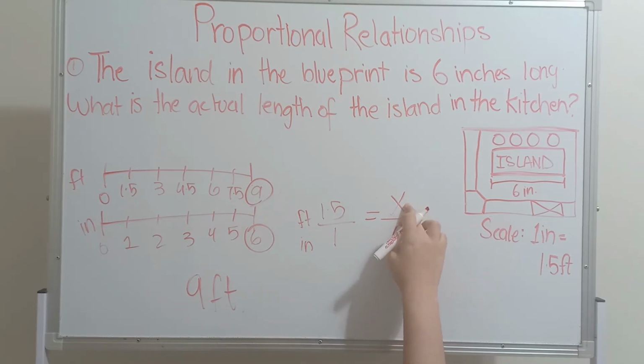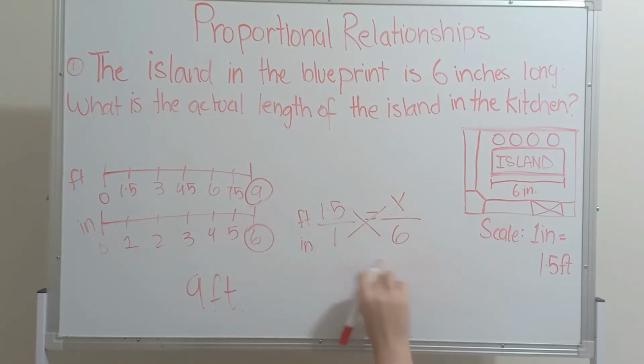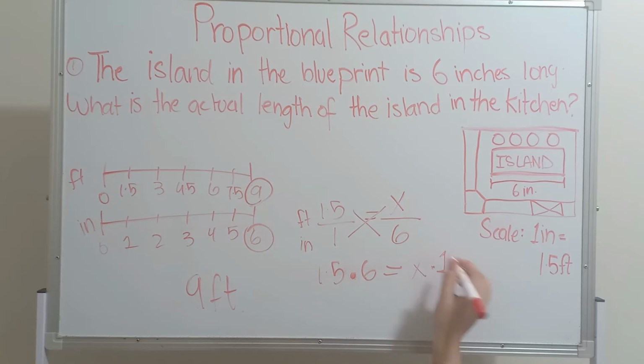We need to know how much it is in feet, so we multiply in this cross form. 1.5 times 6 gives us 9, and x times 1 is x. So 9 equals x, meaning that's the real answer.